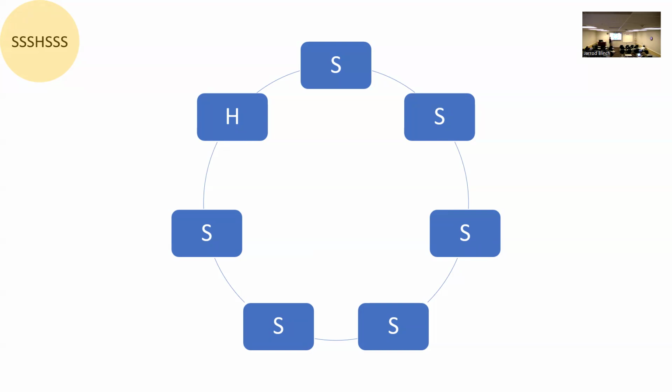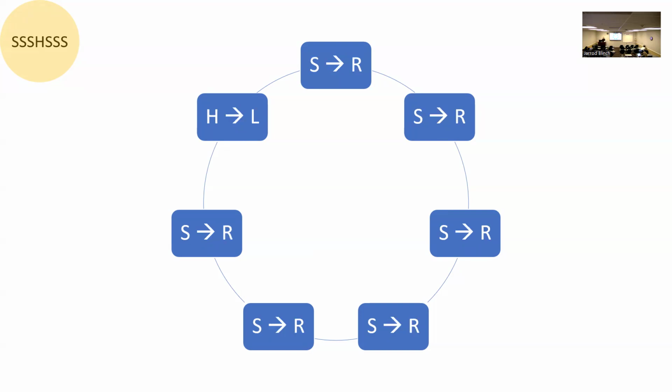So all 7 of them need to be considered to determine which response we're going to make. So all 7 of these make it into, let's say, your working memory, and each one gets associated with a response. So for S, that means it should be a right response. There's 6 of those, and then we have this one H, which is a left response. So that kind of automatically gets applied.